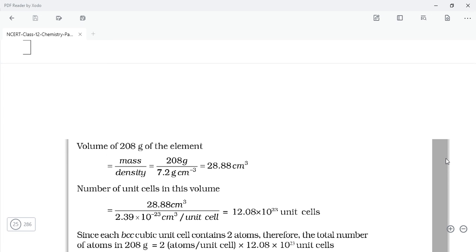Number of unit cells in this volume is equal to 28.88 centimeter cube upon 2.39 into 10 to the power minus 23 centimeter cube per unit cell. That comes out to be 12.08 into 10 to the power 23 unit cells.